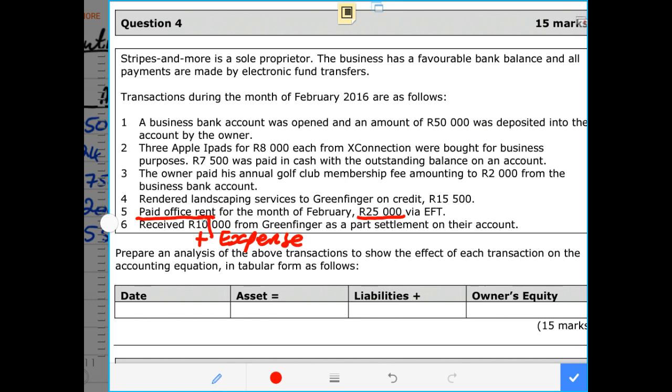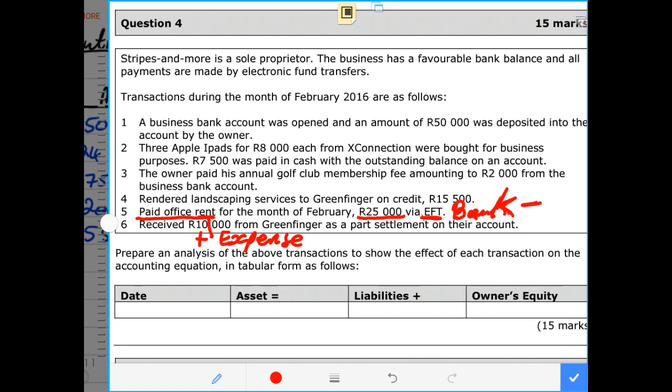So we paid rent for the office for the month of February via EFT. Remember, EFT, this is cash in the bank. So now we paid this with cash, but we don't say cash in accounting, we say bank. So though it is cash, it will be recognized as bank, and our bank will decrease.